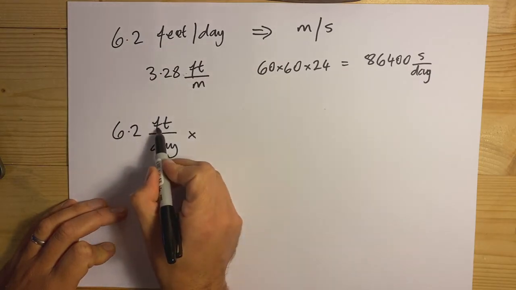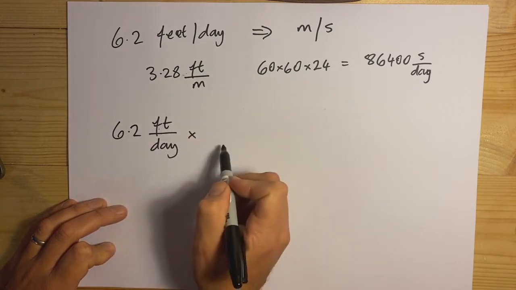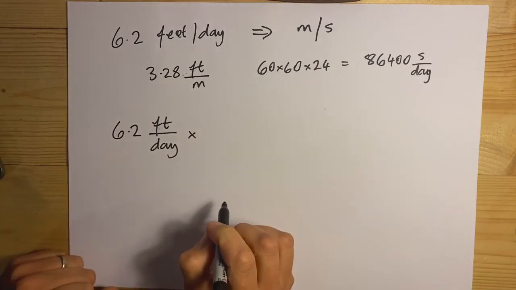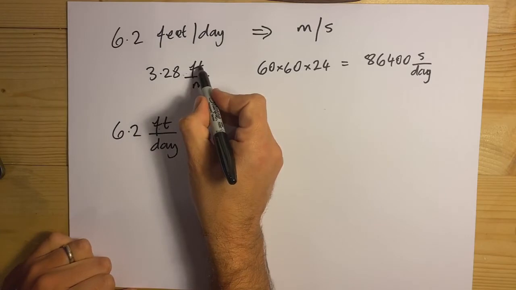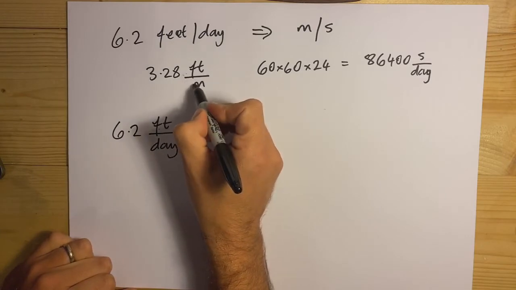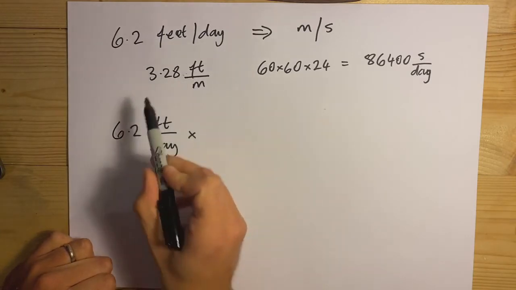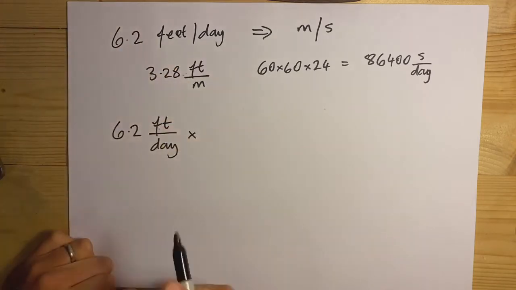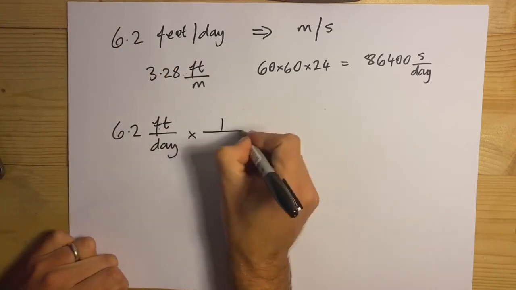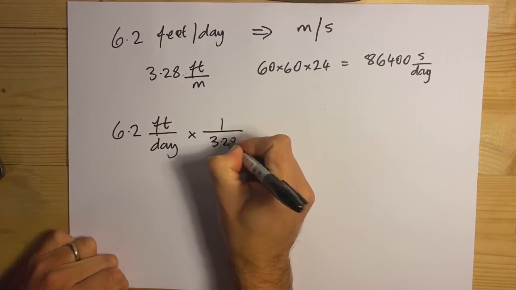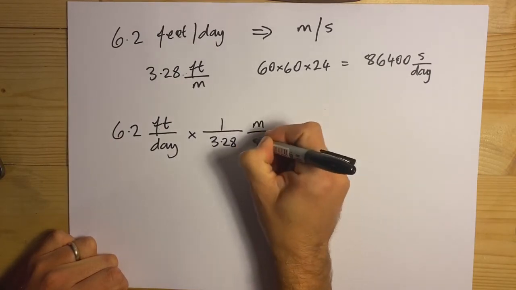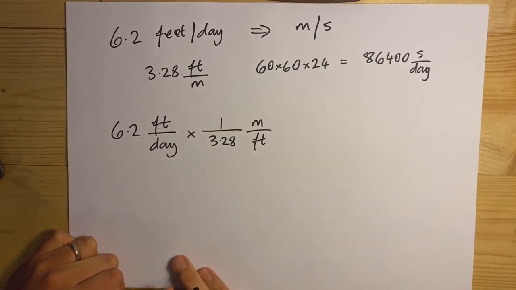So that would become feet squared per day meters, which makes no sense. We know that we want the feet to cancel out, so the feet needs to be on the bottom of this conversion factor. So we need to flip everything the other way. This then becomes 1 over 3.28 meters per foot.